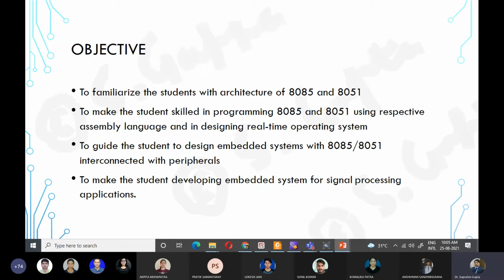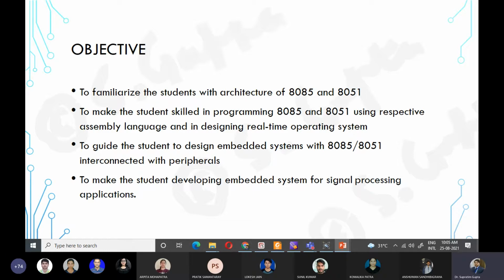But still, this is useful because what is needed for embedded system knowledge is to understand the architecture properly and the corresponding assembly language, so that we can code it and develop our system with very concrete grip. Otherwise, we'll be working like following a blind box. That we do not want here.